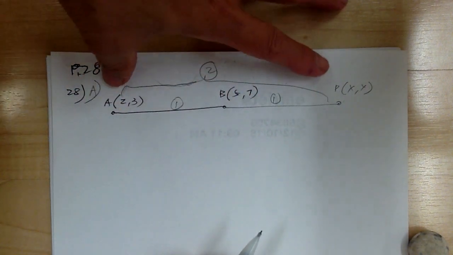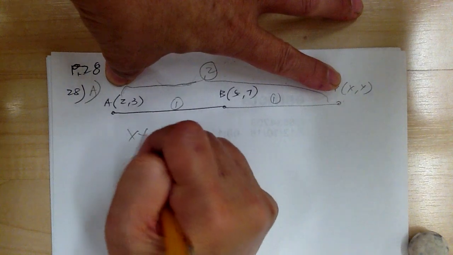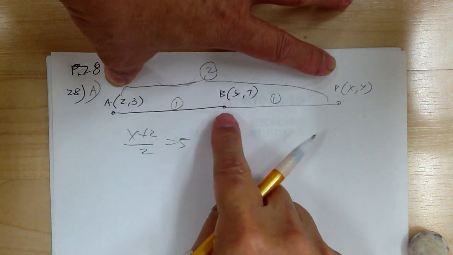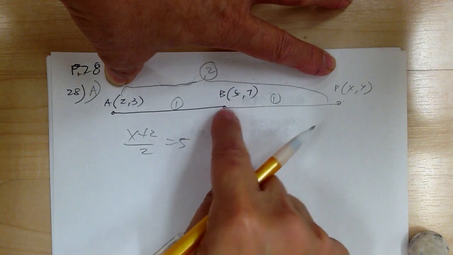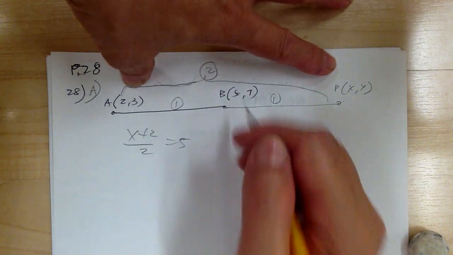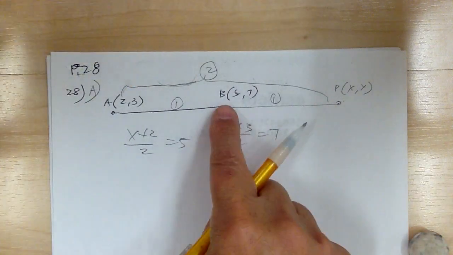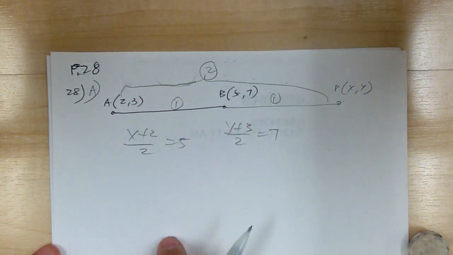From here you can see that x plus 2 over 2 will give you 5, because this is the midpoint. For the y, y plus 3 over 2 will give you 7, because again, by looking at it, you can see this is the midpoint.